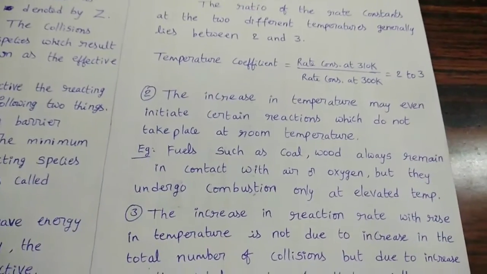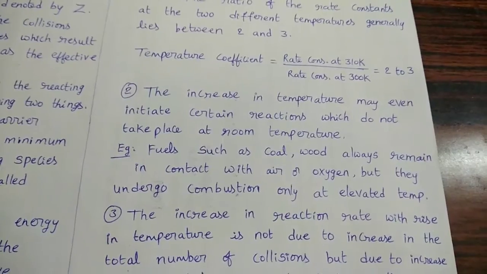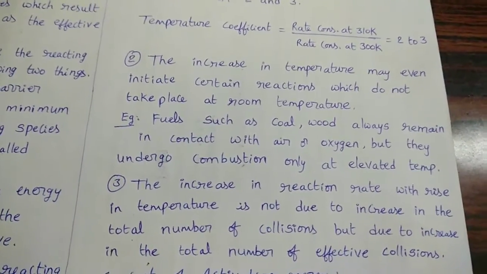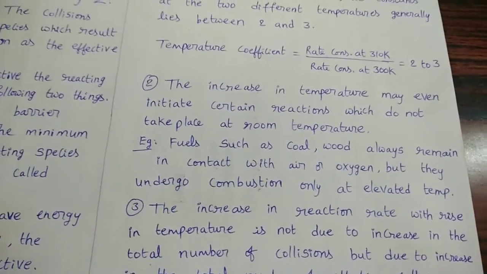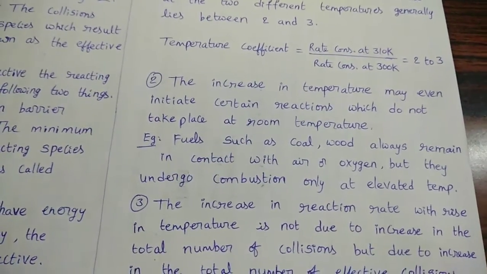Next, the increase in reaction rate with rising temperature is not due to the increase in the total number of collisions, but due to the increase in the total number of effective collisions. So what is the reason for the increase of reaction rate with the rise of temperature?